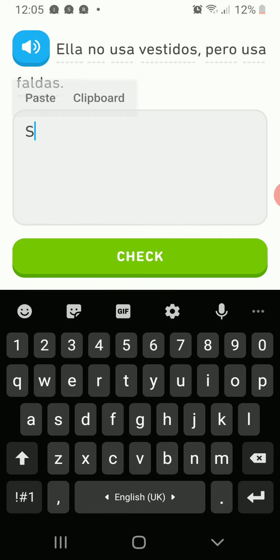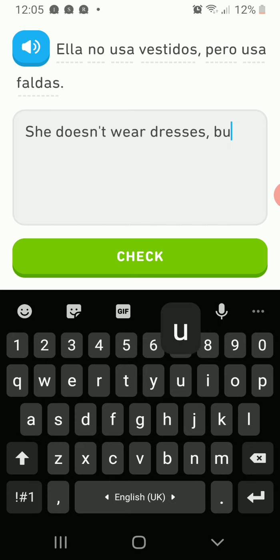So I'll just put it like this. She doesn't wear dresses with an S and a comma, but she wears. I put the subject pronoun once again, but she wears skirts.